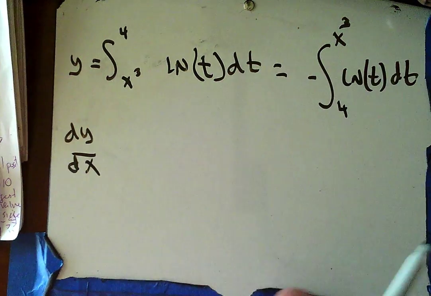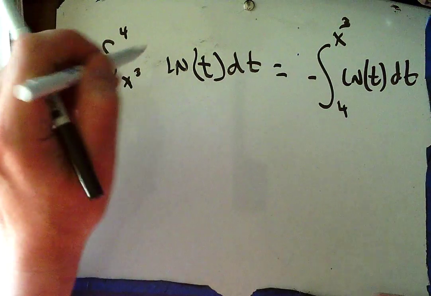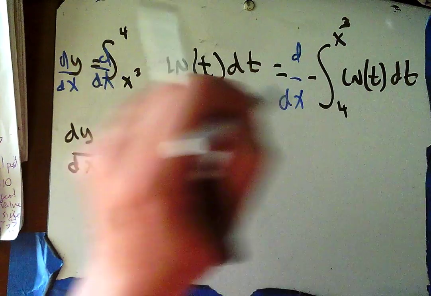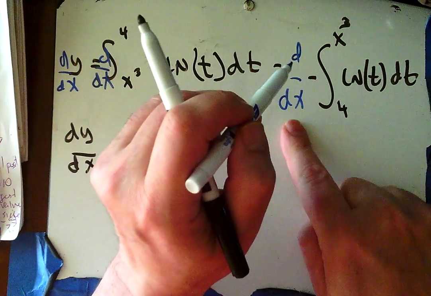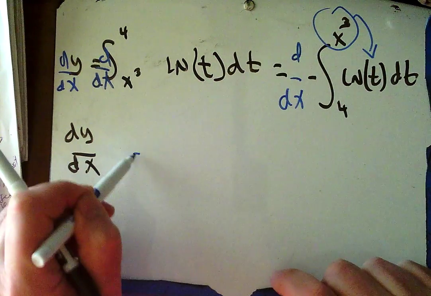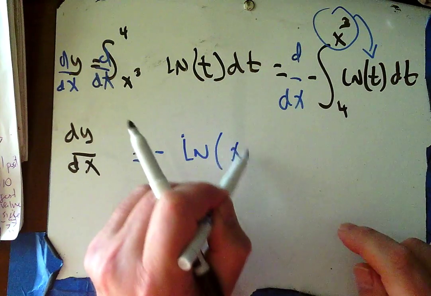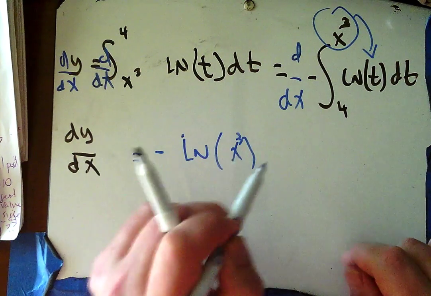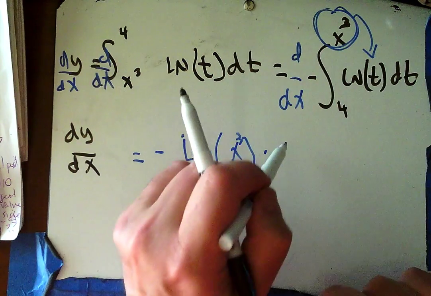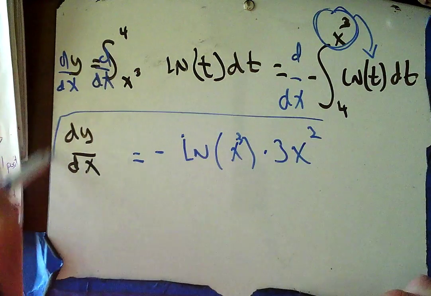So now I'm taking the derivative with respect to x. Derivative undoes integral. This goes in there. Don't lose that. So ln x to the third. But look, lo and behold, chain rule says don't forget to take the derivative of that, 3x squared. And so there's our answer.